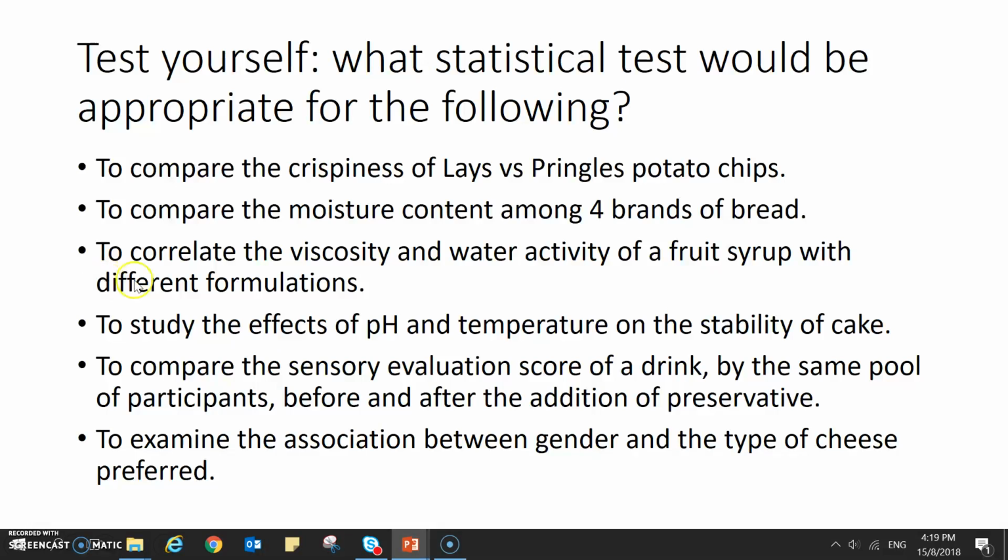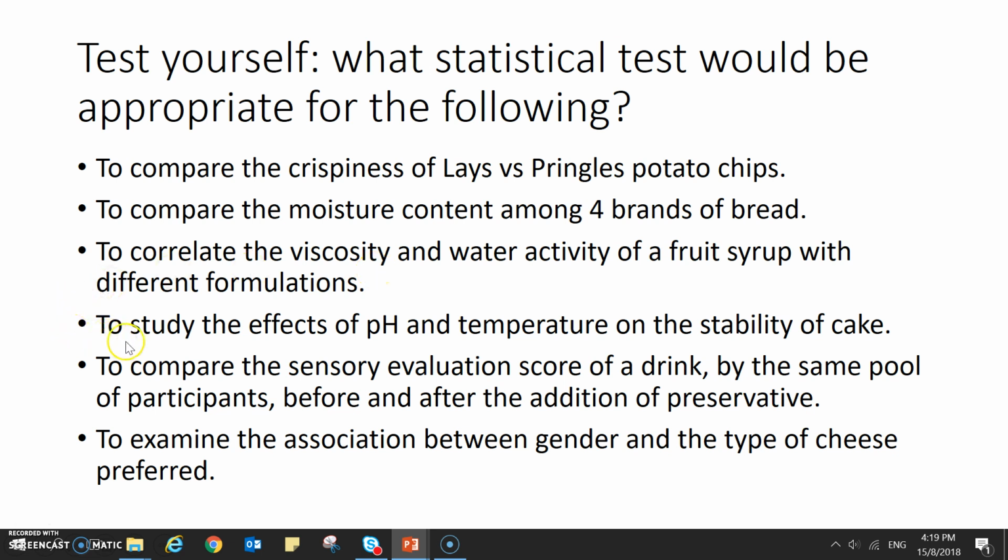Third example, to correlate the viscosity and water activity of a fruit syrup with different formulations. In this case, you will look at correlation coefficient because you are looking at 2 continuous variables that you want to correlate with each other, viscosity and water activity. You will look at the R value as well as the P value when you look at the Pearson correlation.